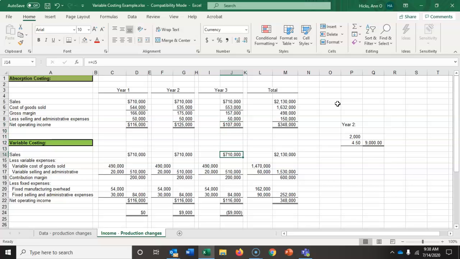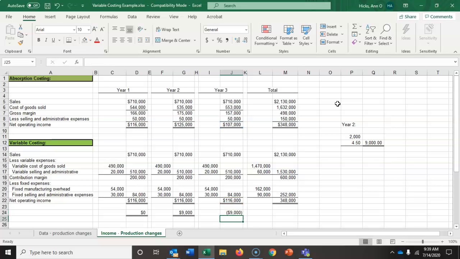Variable costing, guess what? It's the same as year 1 and 2. We sold the same number of units. Variable costs were expensed through cost of goods sold per unit. Fixed expenses were expensed in their entirety. We come down to $116,000 in net operating income, and look what's happened. Now variable costing is higher than absorption costing, but by the same amount.